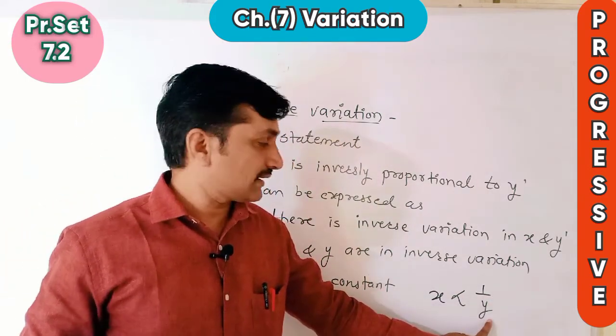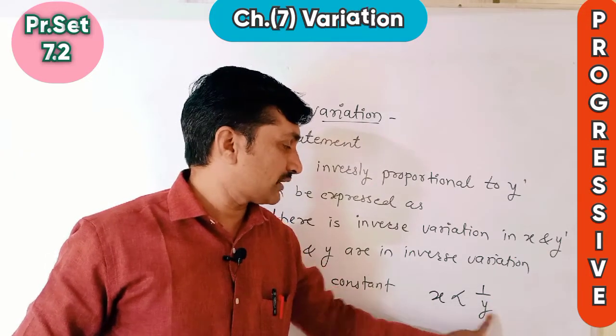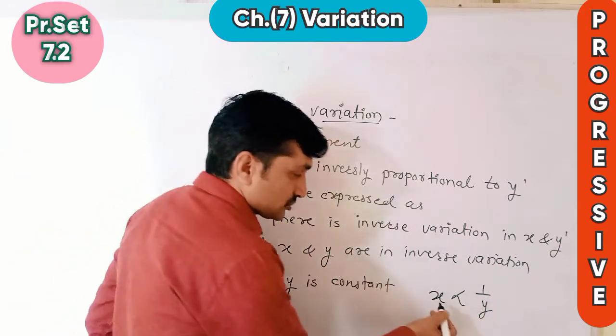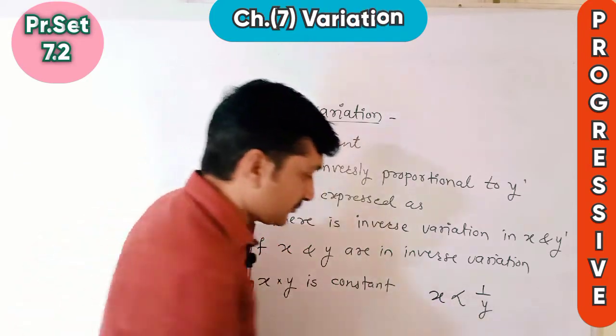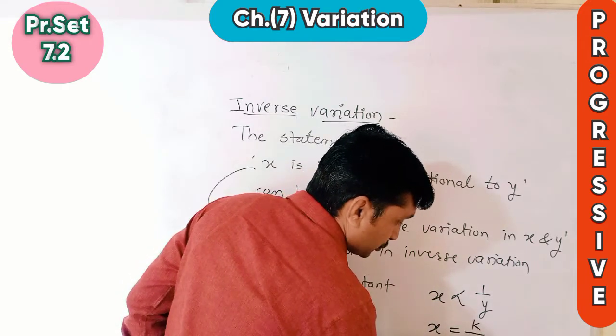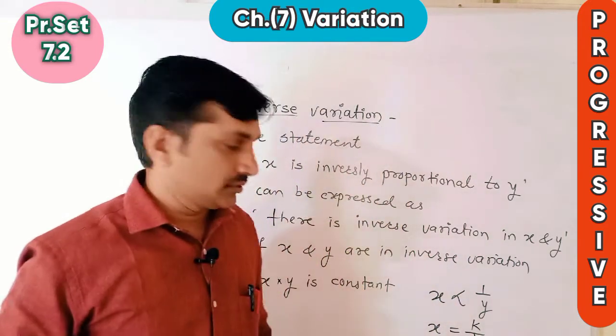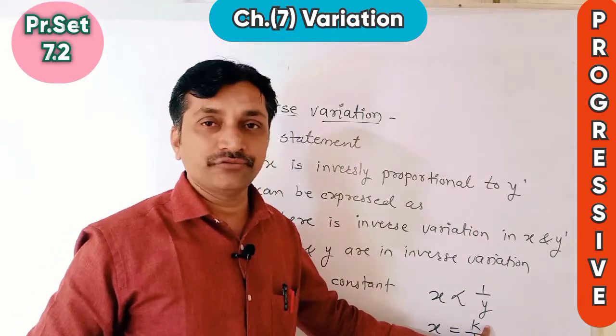Inverse we write in reciprocal in the form of fraction as 1 upon y. If you want to write this in equation, we can write x is equal to k upon y. In place of alpha sign we put equal, and k is constant of variation.